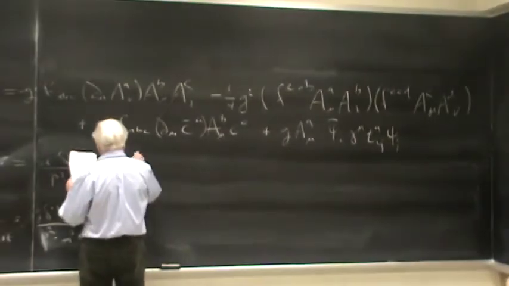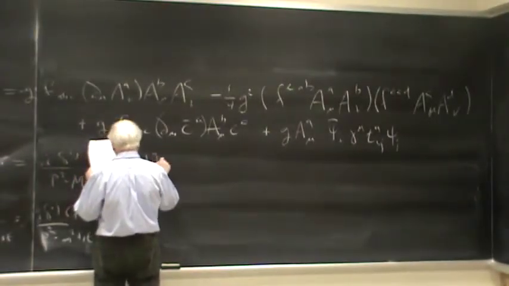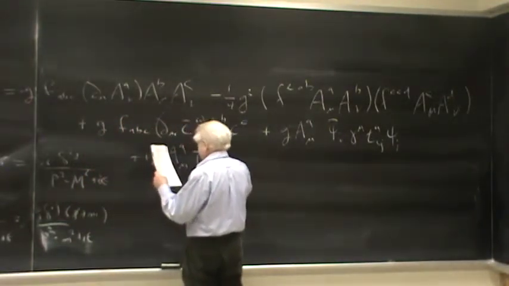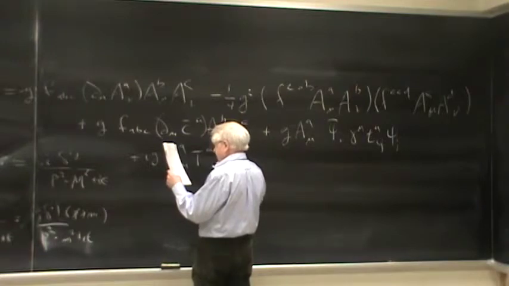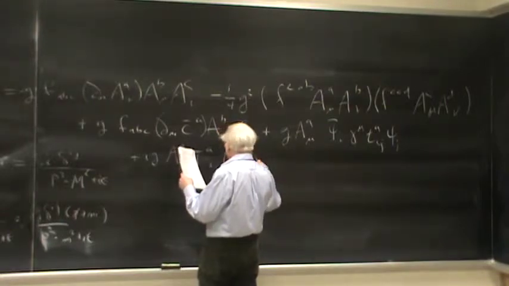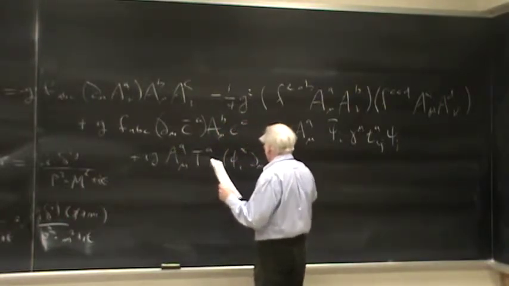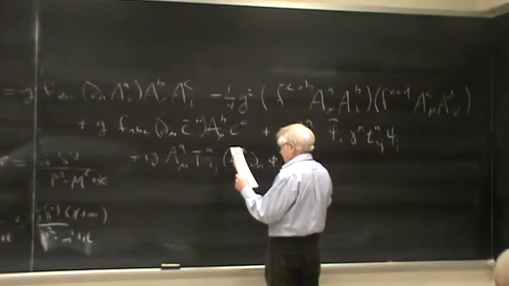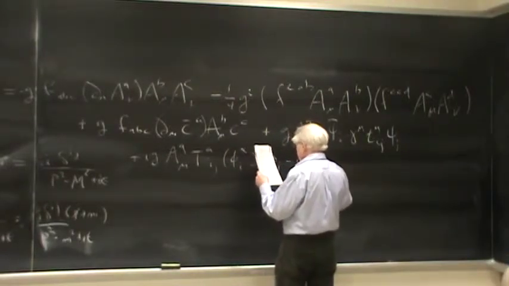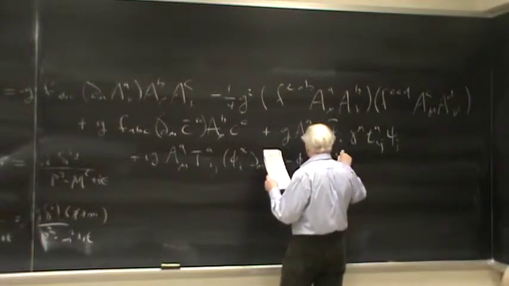And so these terms are plus i g A^mu T^A_{ij} phi_i star d_mu phi_j minus phi_j d_mu phi_i star.